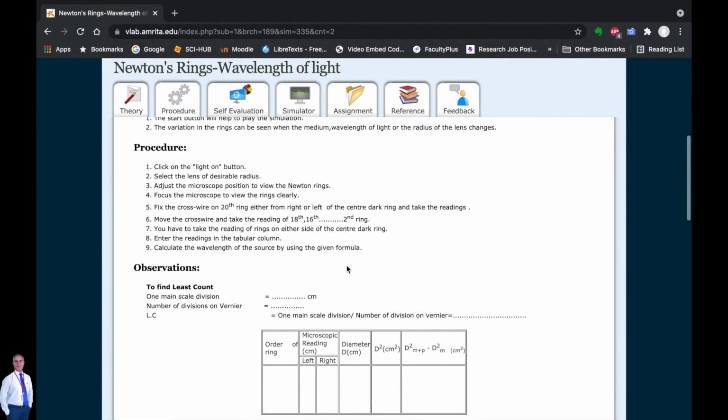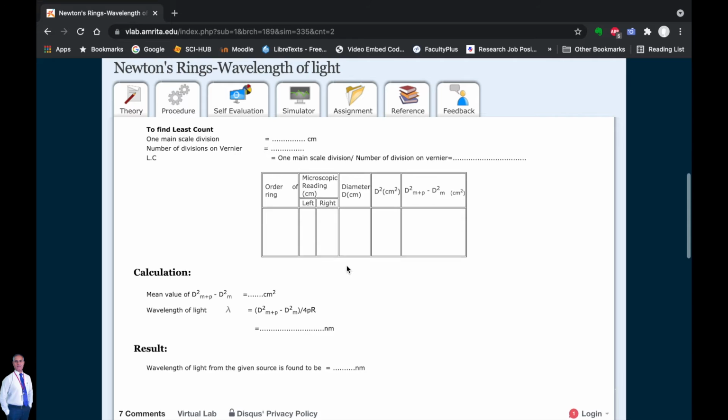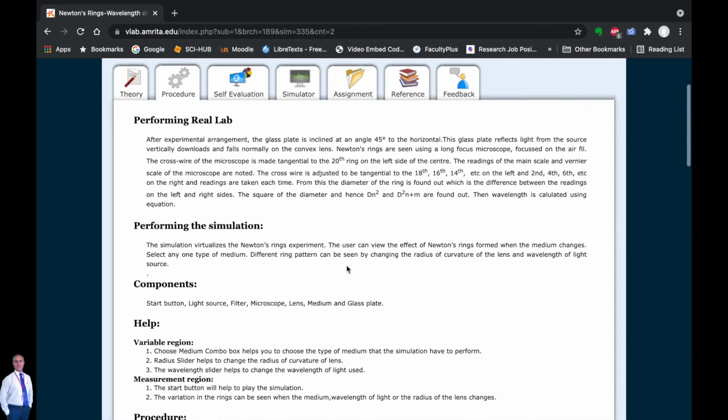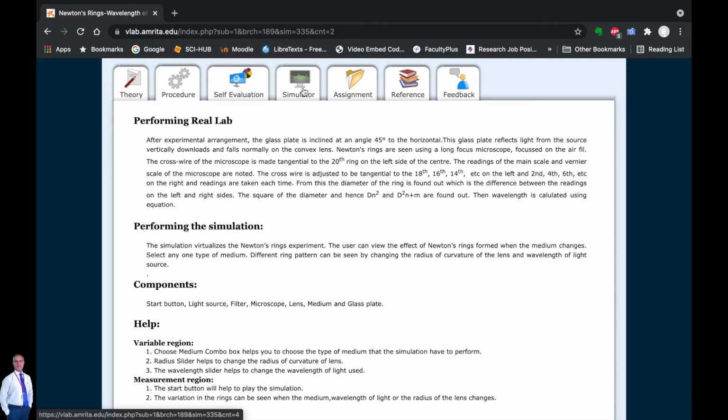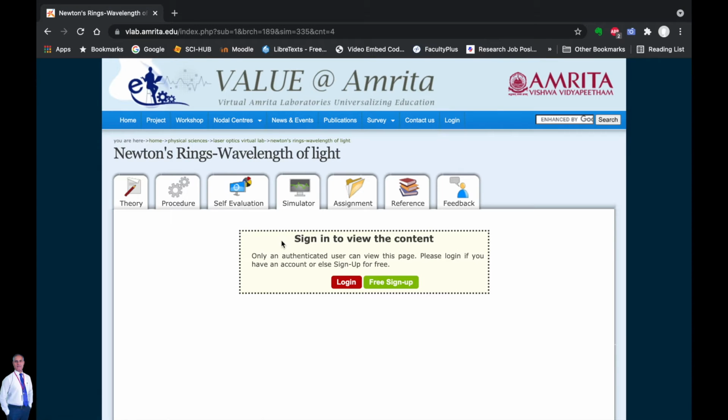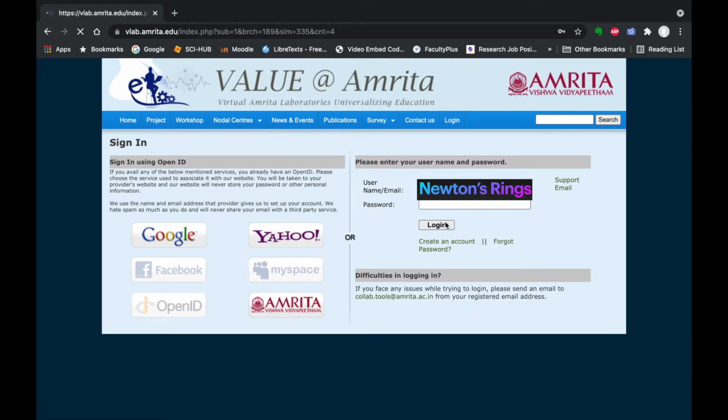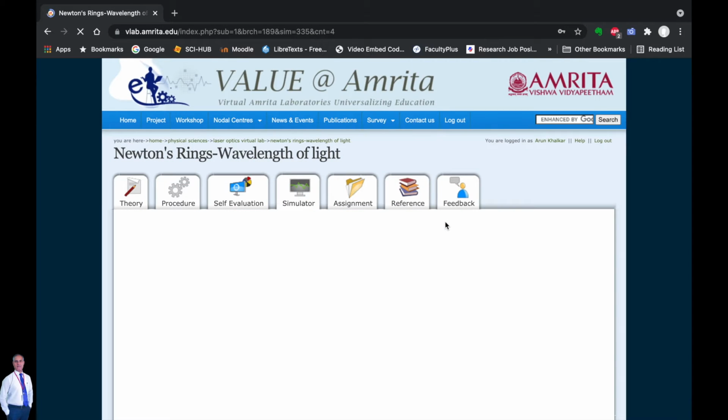Once you click simulator, it will ask you to log in. First of all, you have to create your login. You can create it with your personal email ID or institutional email ID, whatsoever. So I logged in and here is the simulator.